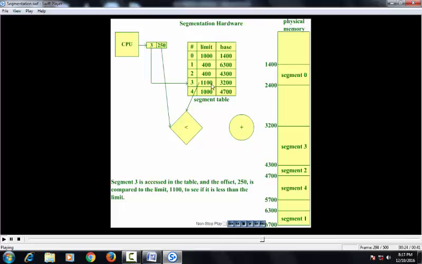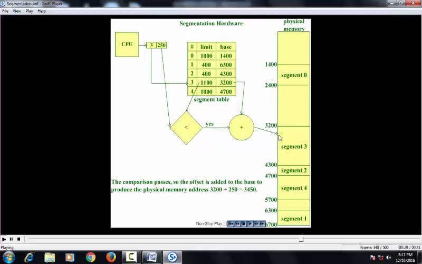Limit is 1100, byte offset is 250. 250 is less than 1100. Yes, the condition is true. Generate the physical address. अब physical address generate कैसे करना है? Take the base address 3200, add with the byte offset. So 3200 plus 250, physical address is 3450.